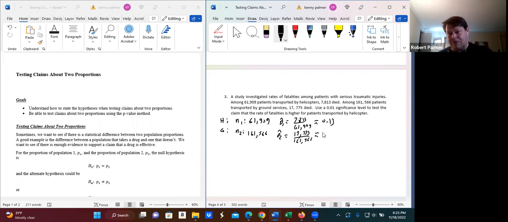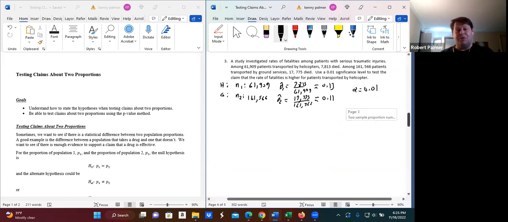And that is about 0.11 to two decimal places, about 11%. And once again, our significance level is 0.01. I just pick the helicopter to be population 1, but it doesn't matter. You can do it either way.